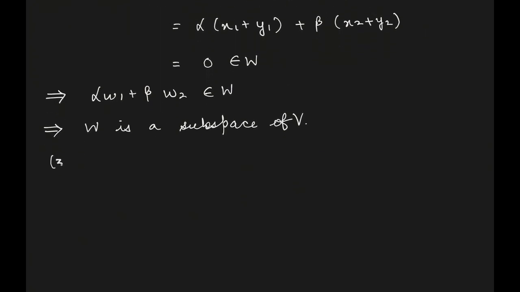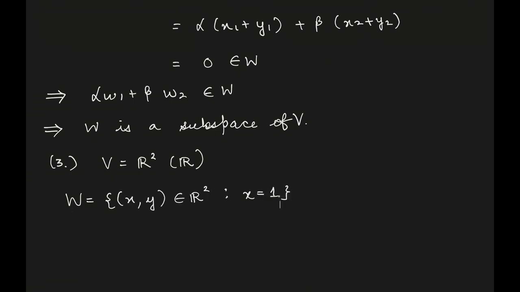Third example. V is equal to R square over R. W is equal to the set of (x, y) belonging to R square such that x is equal to 1. Tell me whether this will be a vector subspace or not. You can directly apply a trick here.